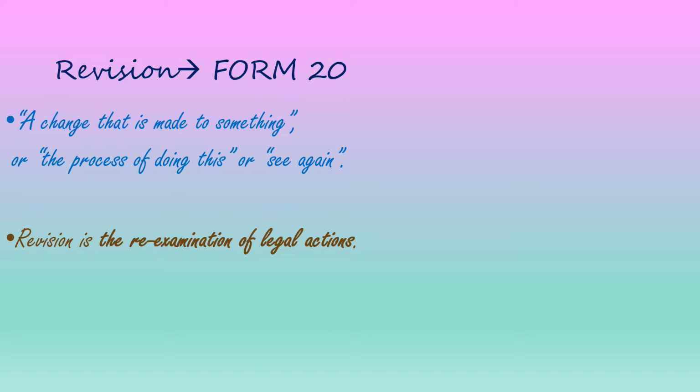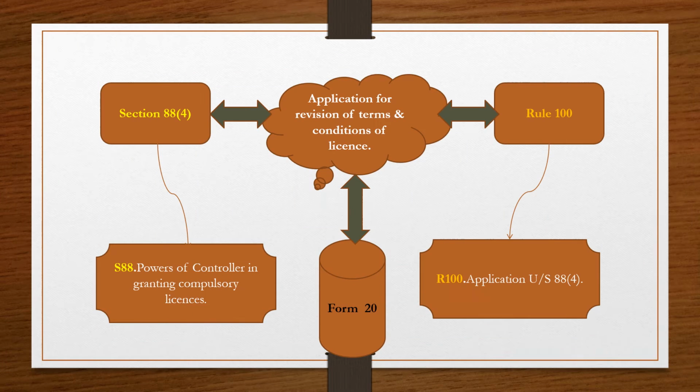Clarifying our thought for this key term, let us proceed to our old slide, where we can refresh our memory about form number 20 and its relevant sections and rules. Now is the turn for form number 20. Form number 20 is application for revision of terms and conditions of license.